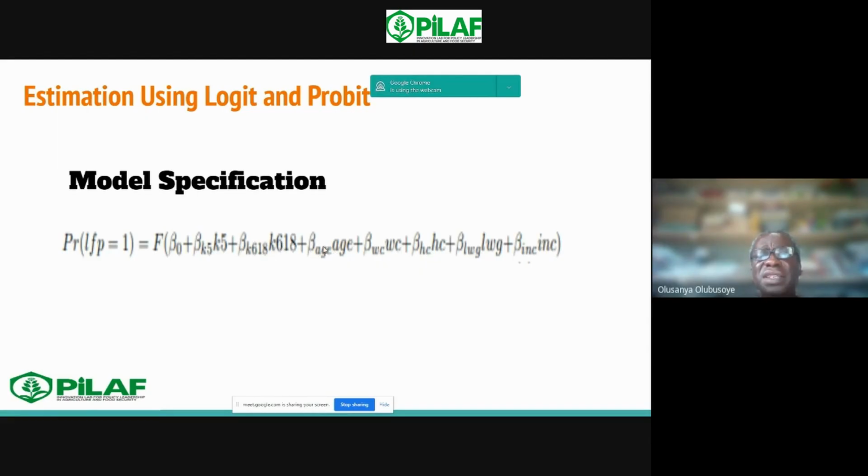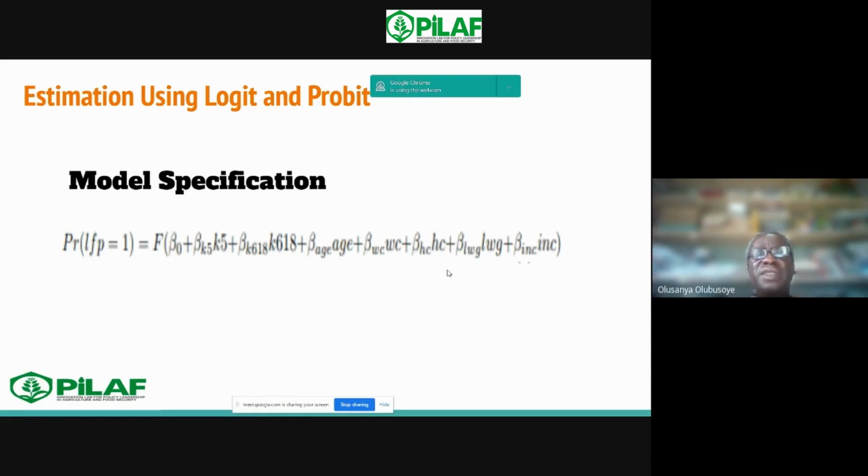This is beta age, the coefficient for age. This is whether the woman had a college degree or not, and this is the coefficient. Whether the husband has a college degree or not, this is the coefficient, and so on and so forth. The last one is the income. So this is the model specification.